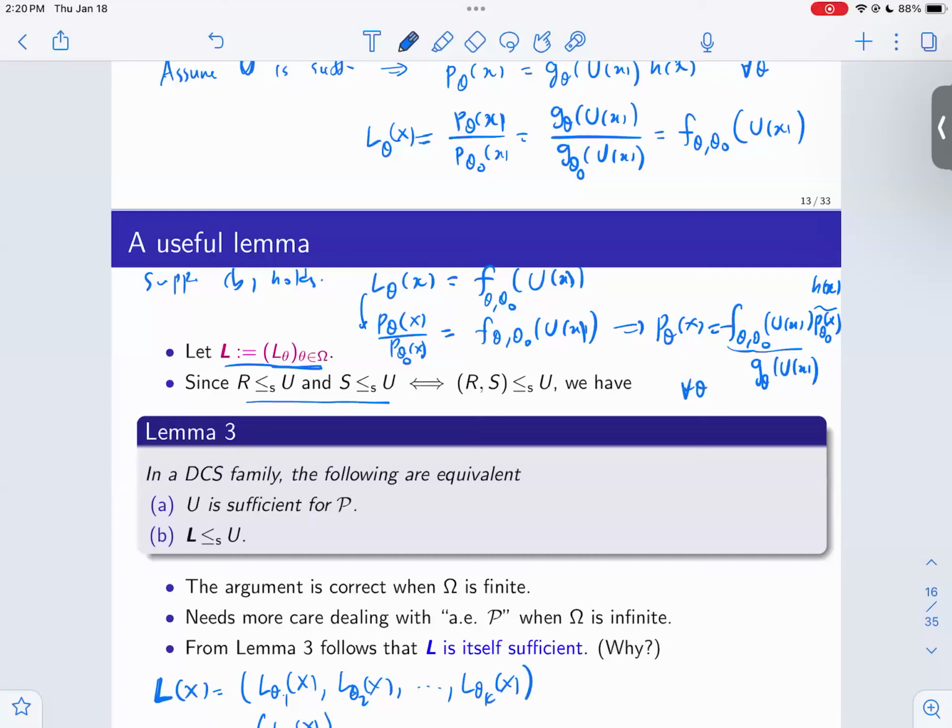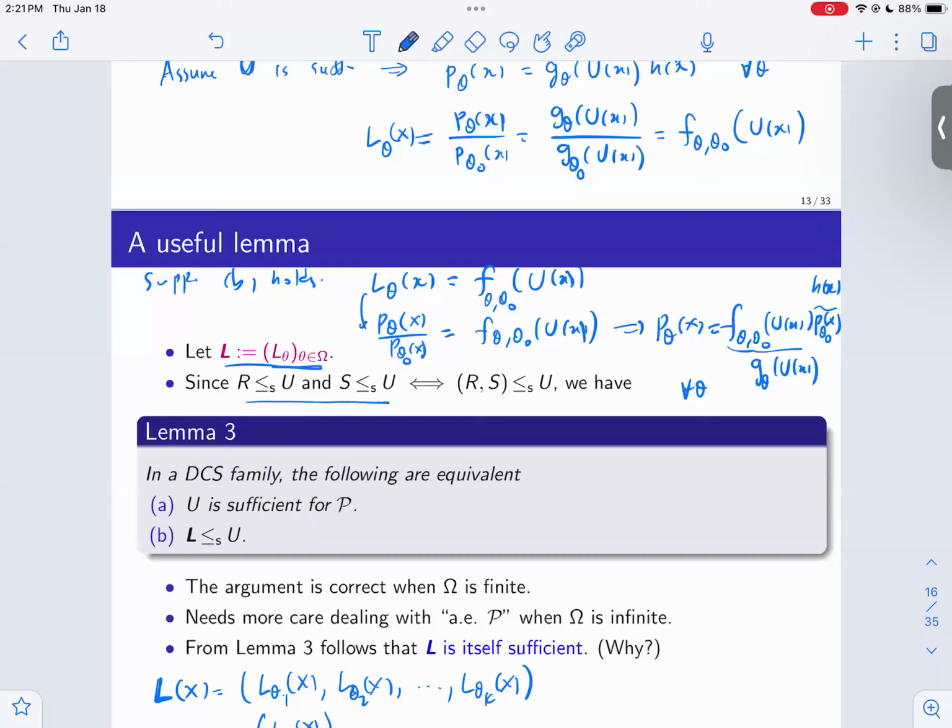How do I use it if I want to verify that U is sufficient? I'm going to check whether I can write L as a function of U. Now let's say I want to check whether L itself is sufficient. Can I use this result? Yes, just plug in L for U. So L is a function of L, so L has to be sufficient.